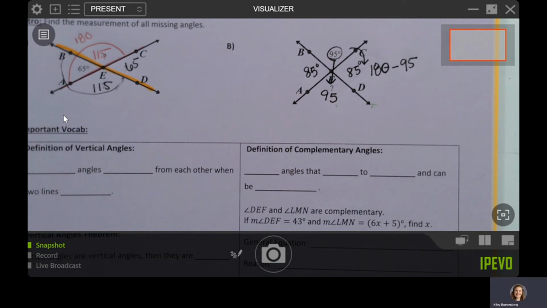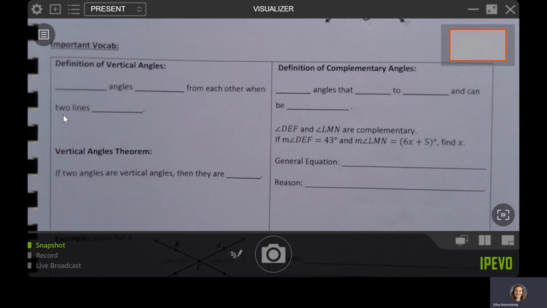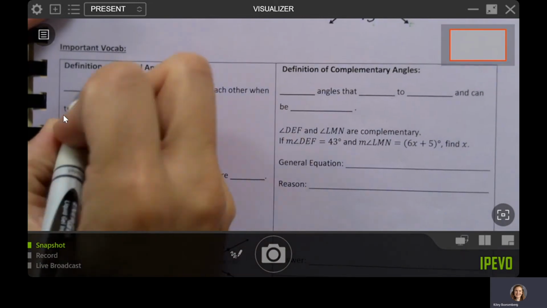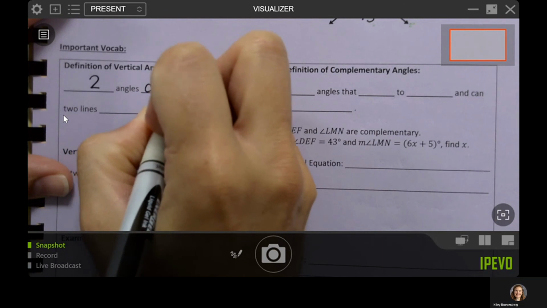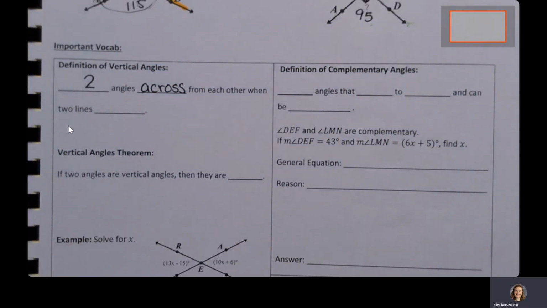Those angles that are across from each other have a name. What's the name? So we'll come down and we'll fill out this vertical angle. We just figured out vertical angles. Vertical angles are 2 angles across from each other when you have 2 lines making an X. When 2 lines make an X, you have angles that form across from each other, and those are called vertical angles.